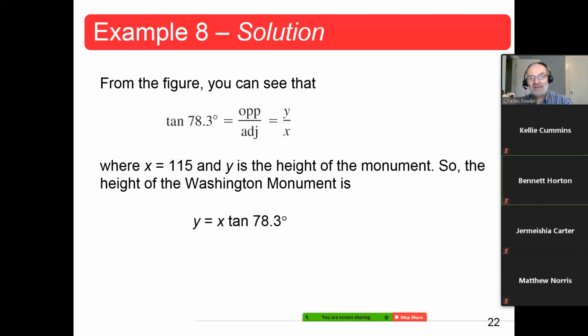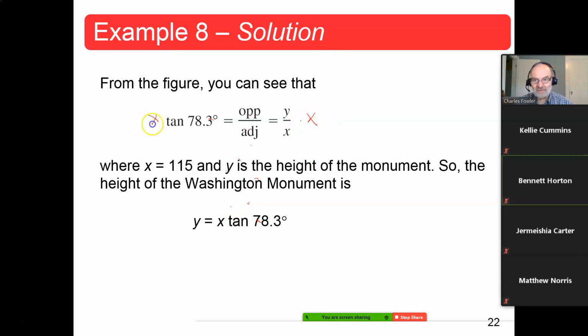So that would be y is equal to x times the tangent. What they did here, before they put the numbers in, they multiplied both sides of the equation by x. If I can get my pen to show up somewhere here. There it is. Okay. Multiply this side of the equation by x.